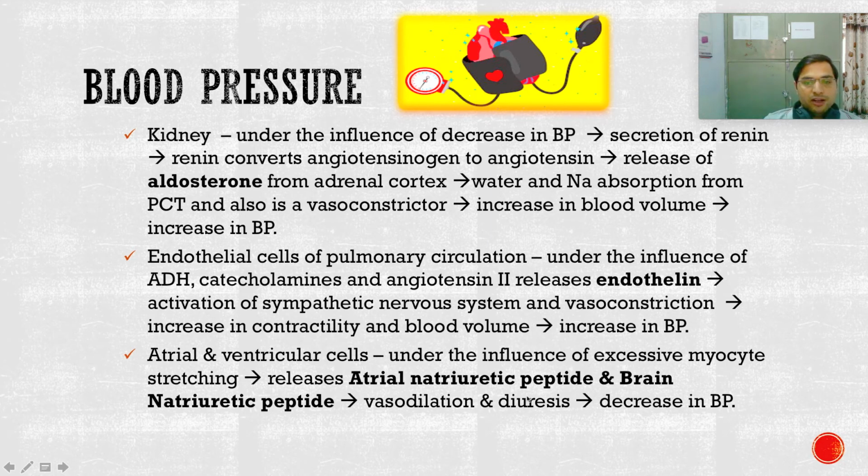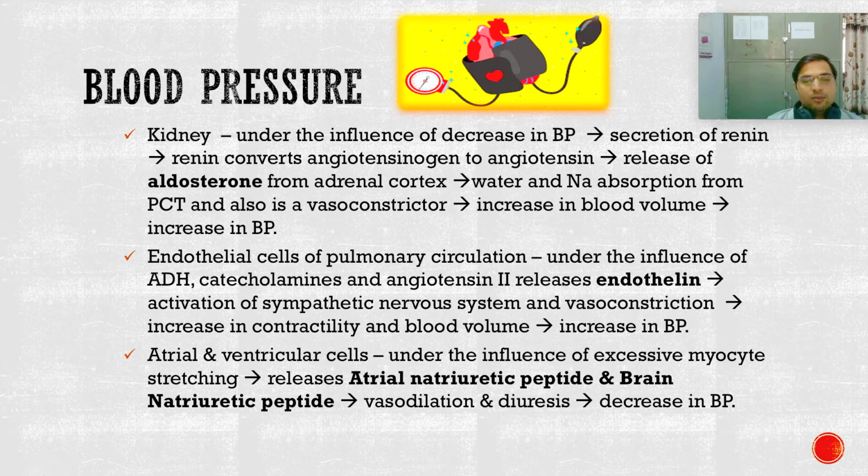This brain natriuretic peptide is also released from brain and ventricles. First it was discovered from the brain, that is why it was called brain natriuretic peptide. Otherwise it can also be called ventricle natriuretic peptide.